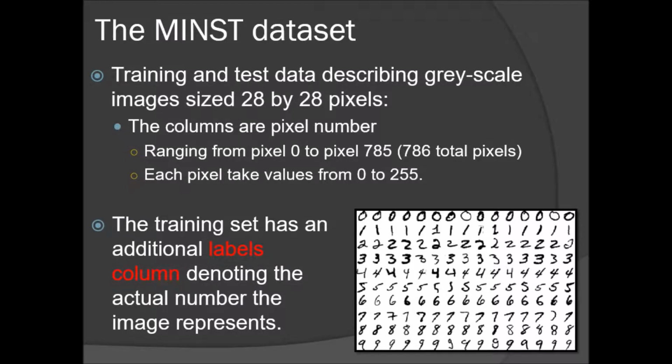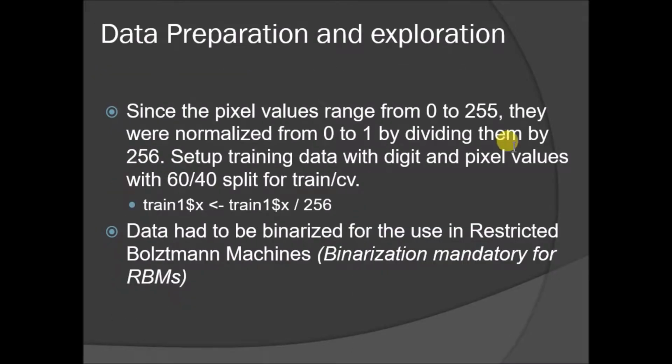So we have something like what we can see over here, which is the representation of all the pixels. Each of these numbers has a row, and the first column in each row gives us the actual number represented by the pixels to the right. So basically there is some data preparation that needs to be done for the case study.